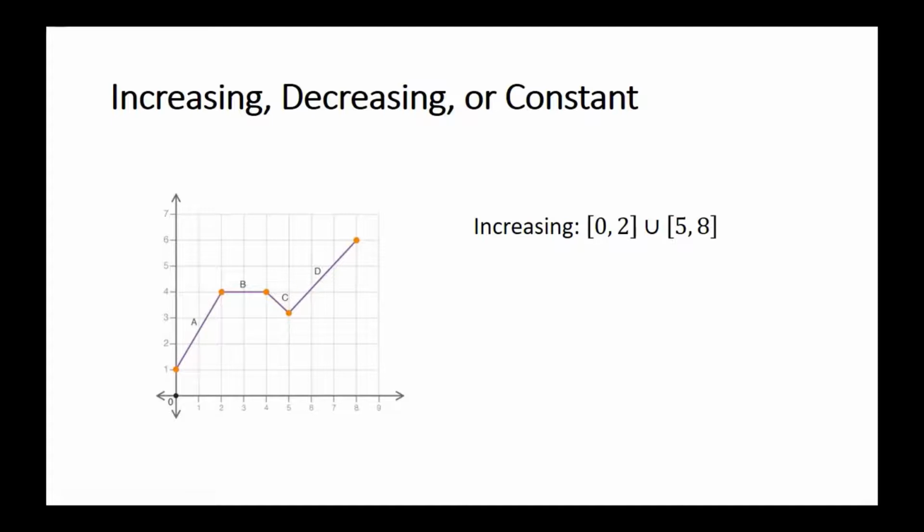So we're increasing from 0 inclusive to 2 inclusive, united with 5 inclusive to 8 inclusive. It's decreasing on segment C, which is from x equal to 4 to x equal to 5 inclusive. And then it's constant on segment B, which is from x equal to 2 to x equal to 4.